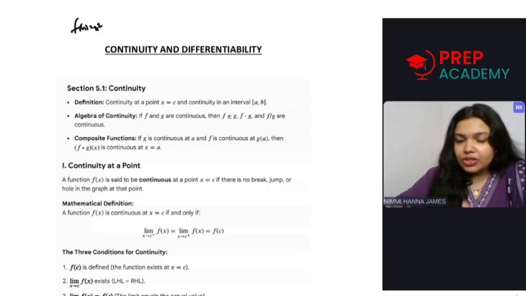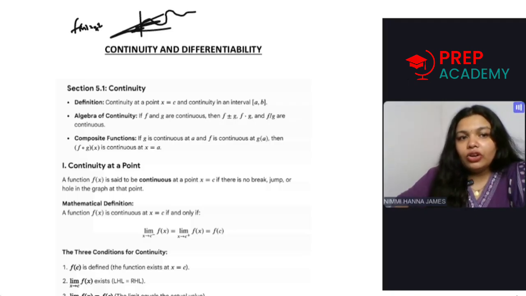When we express it graphically, it should be a continuous function. For f of x equal to x square, it's a parabola, so it will be like this. It's continuous, it doesn't stop anywhere.